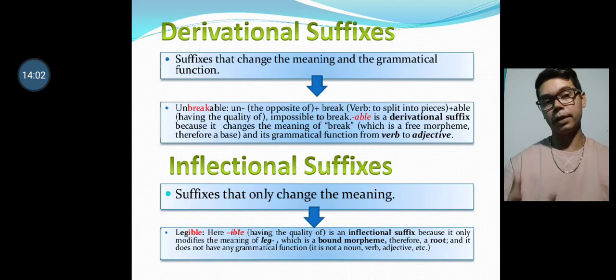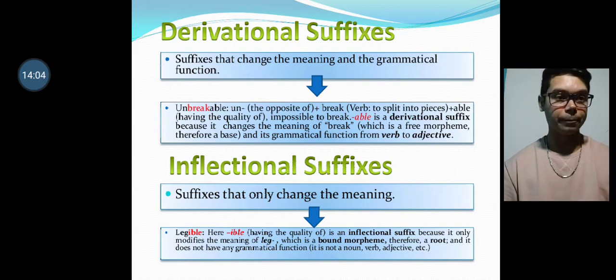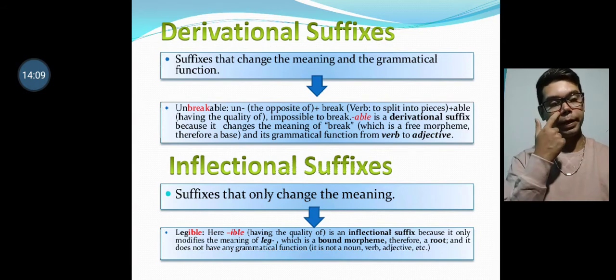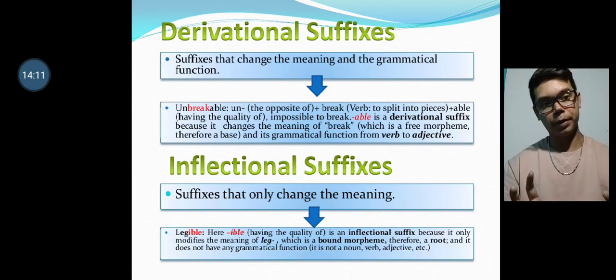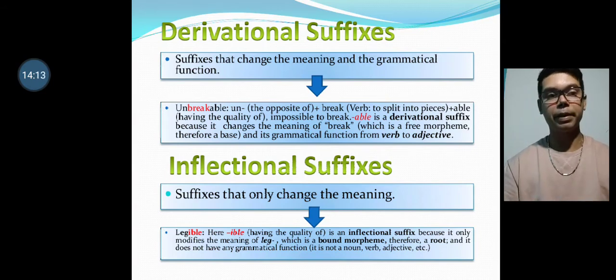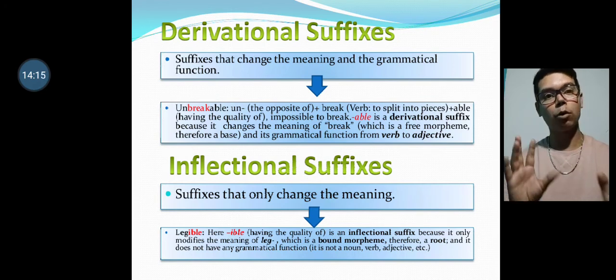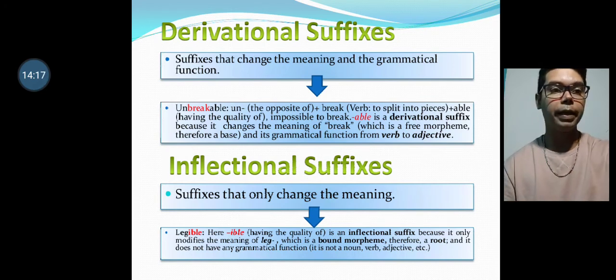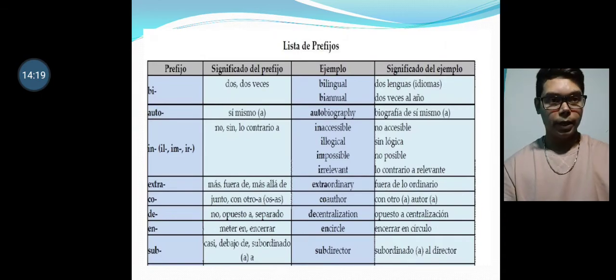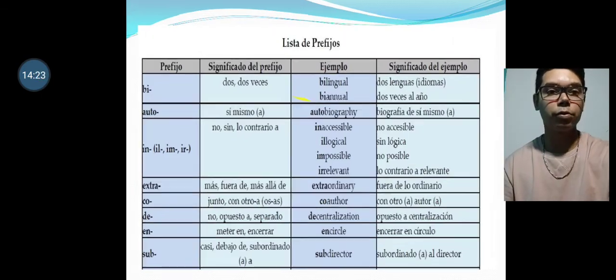Entonces, cuando se estén haciendo los análisis morfológicos de cada una de las palabras que se van a proponer para el taller, ustedes tienen que diferenciar perfectamente en la tabla que se les va a proponer cuando un sufijo es derivacional e infleccional. Tenemos allí una lista de prefijos y una lista de sufijos con sus significados.